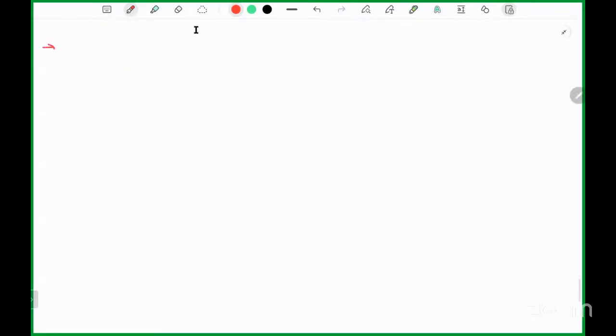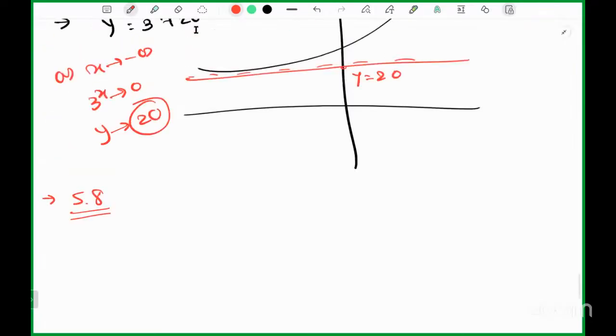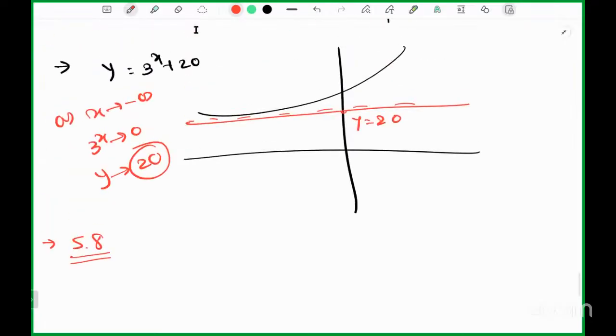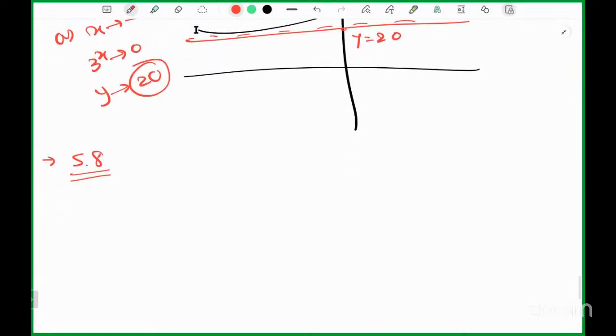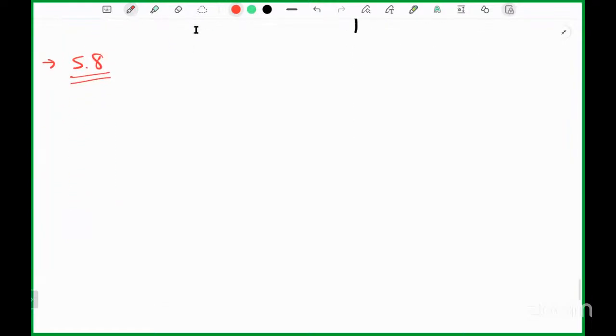So if we are adding something to the power x, then there is no x intercept. If you have plus a constant, then the graph moves far away from the x-axis, so it won't intersect the x-axis at all.